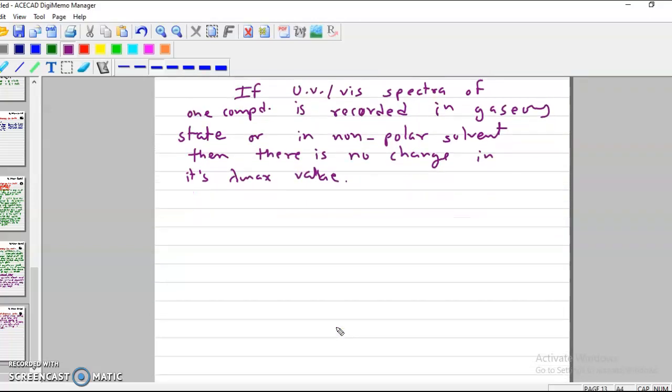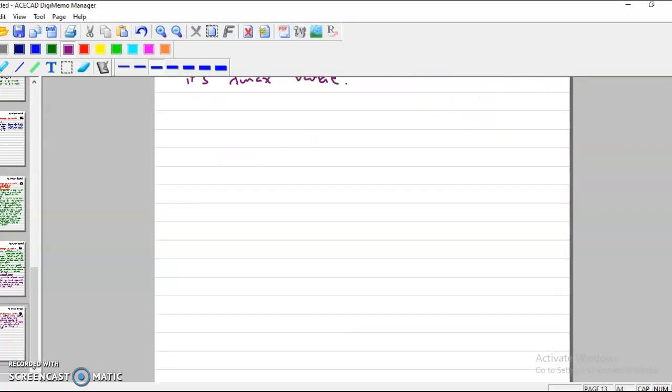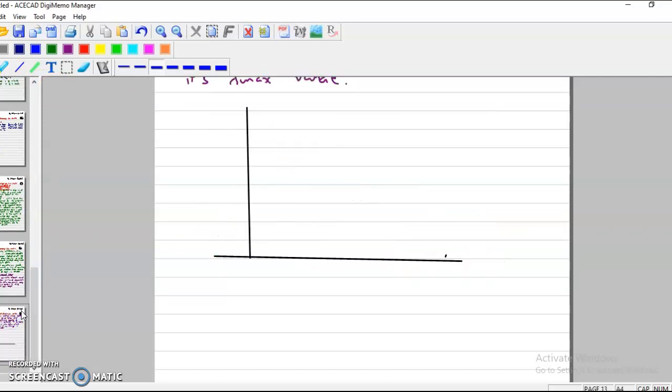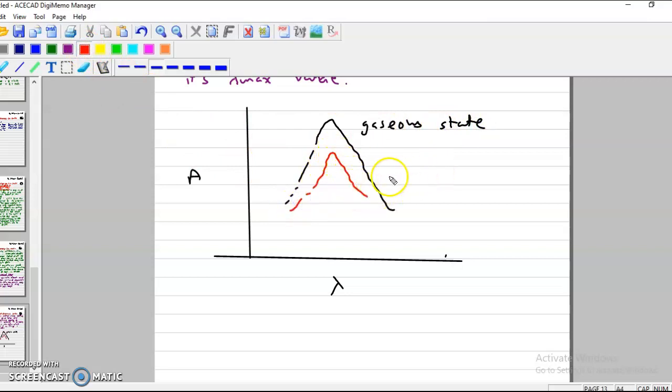For example, the graph will be like this. This may be in gaseous state and this might be in non-polar solvent, normal hexane.